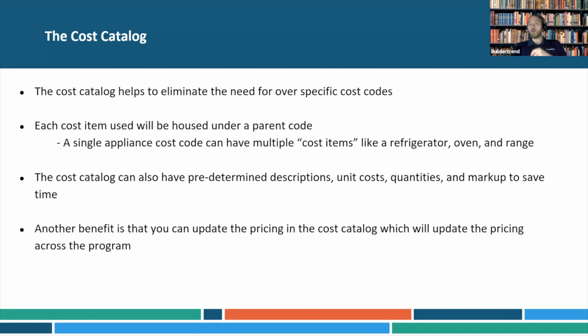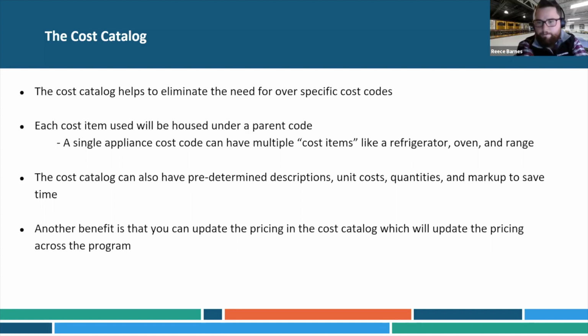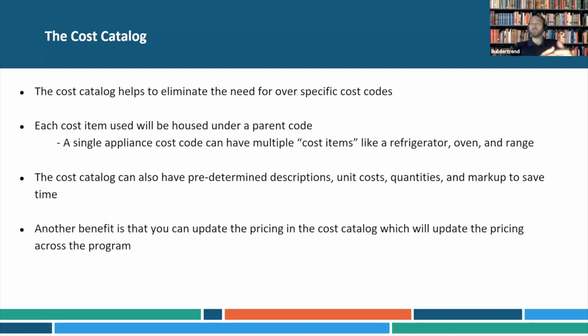With that, what's cool is you can update the pricing from within Buildertrend, and if that catalog item is used somewhere in the program that's not approved or hasn't finished, it will update the pricing of wherever it's used. That's huge, because now I'm updating a price in one place, and anywhere it's being touched, I can just have it updated on the fly.